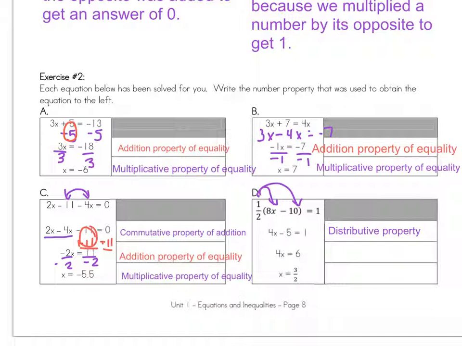And if we look at 4x minus 5 equals 1, well, how did that become 4x is equal to 6? Well, it looks like that negative 5 just moved to the other side and became positive. So some of you might say, isn't that just adding 5 to both sides? You're right. So again, the addition property of equality is happening here.